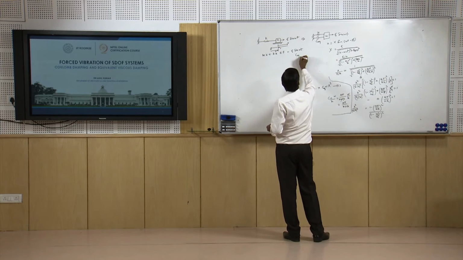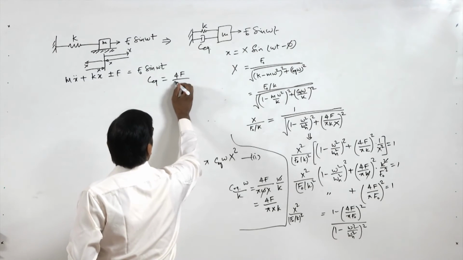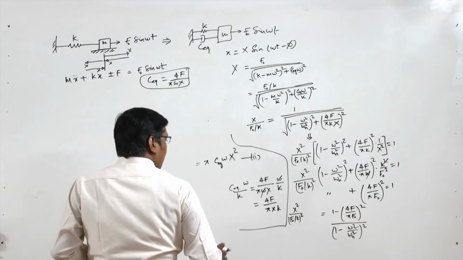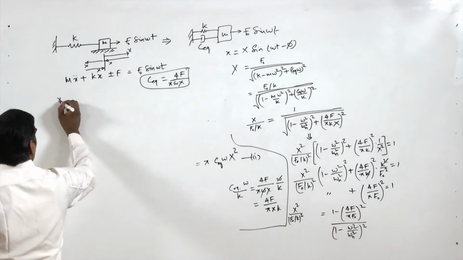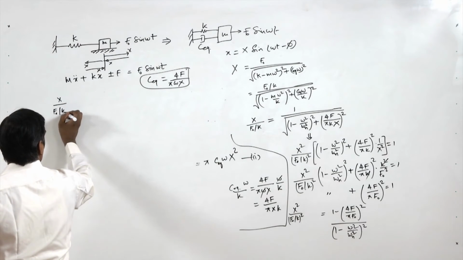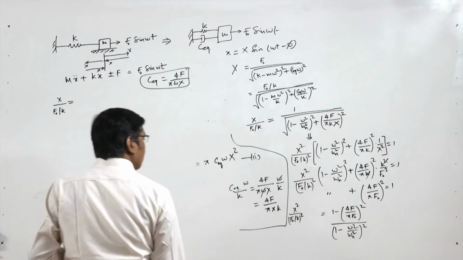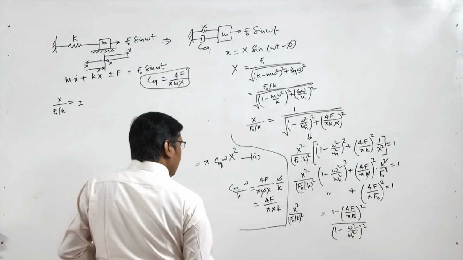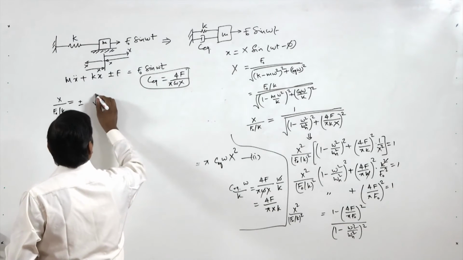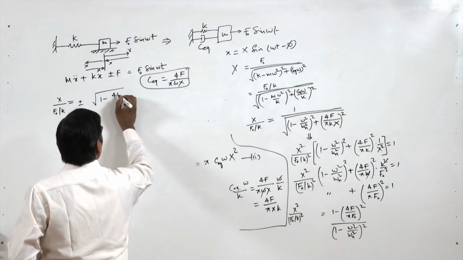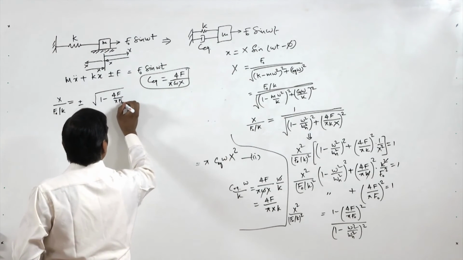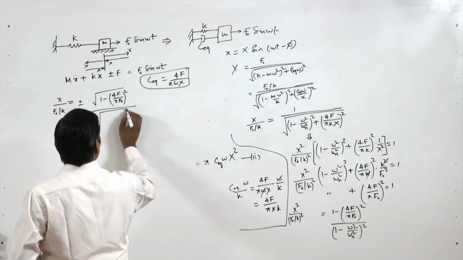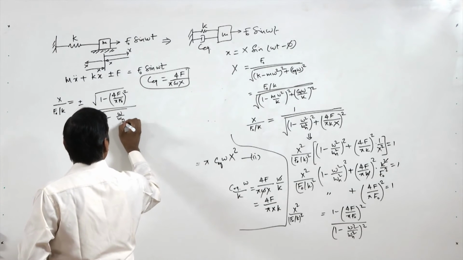So here we got C equivalent equal to 4f by pi omega x. So we can find x upon f0 by k equal to plus minus under root of 1 minus (4f by pi f0) whole square upon under root of 1 minus (omega by omega n) whole square.